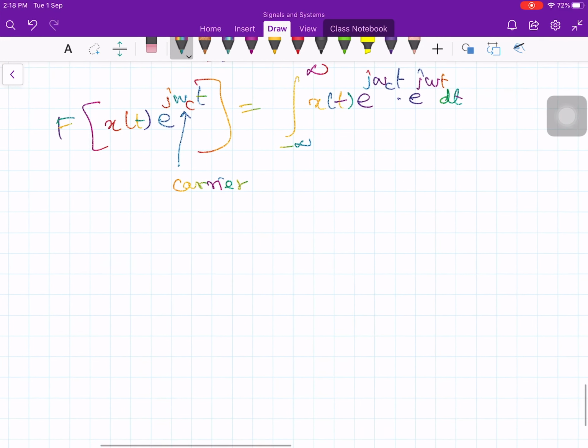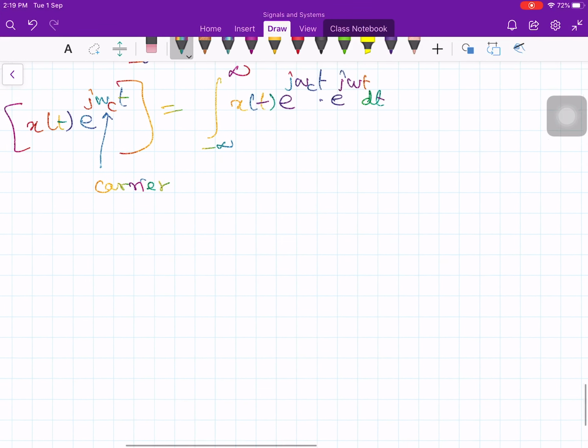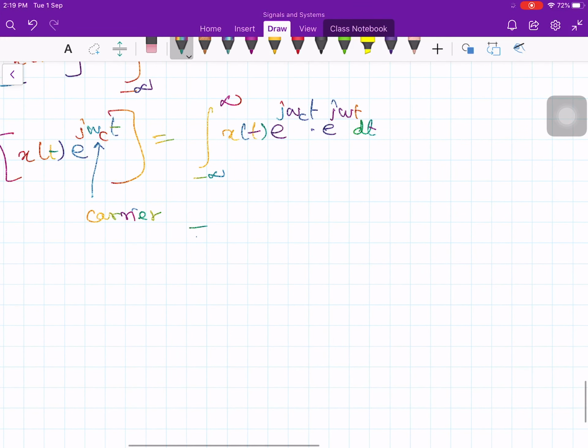Okay, again what is this? You rearrange this: x of t e to the minus j times omega minus omega c, times t, and dt. There is a minus sign here.